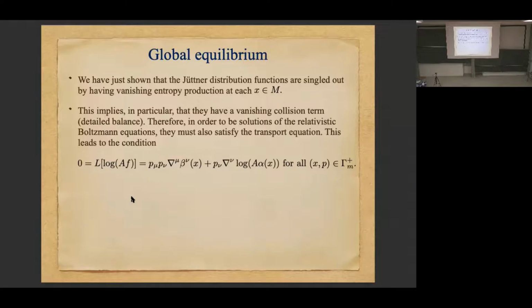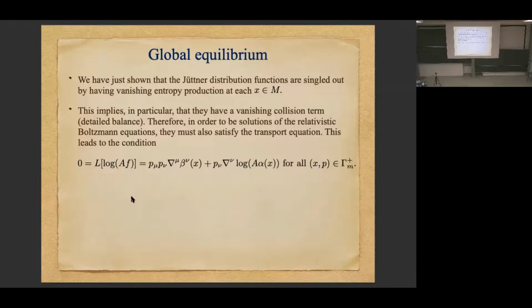And you can show that this also implies that the collision term, if you go back to the Boltzmann equation, is 0. But if the collision term is 0, then the left-hand side, the transport part of the Boltzmann equation, should also be 0. So in other words, f should also satisfy the Liouville equation. Now, if you work this out, if you apply the Liouville operator on f, you will get this expression here.